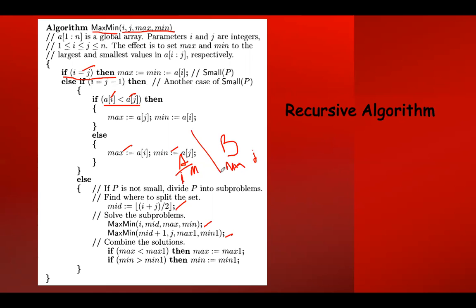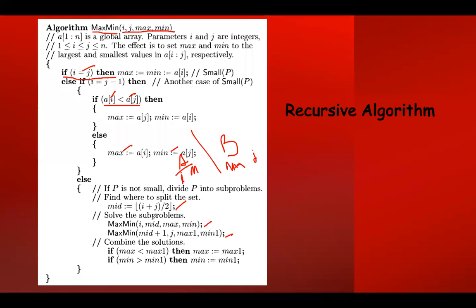We have divided our given array into two parts, A and B. So I'm calling the max min algorithm twice, passing the first value and last value of each part.